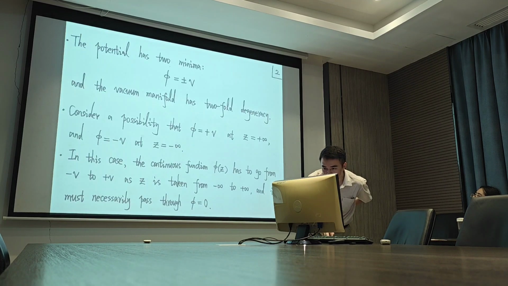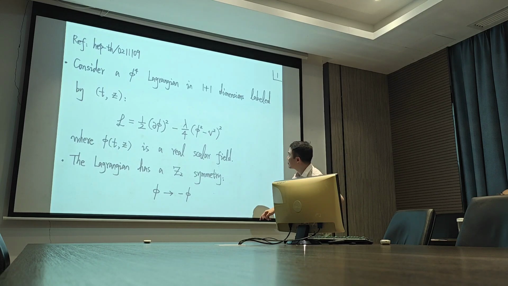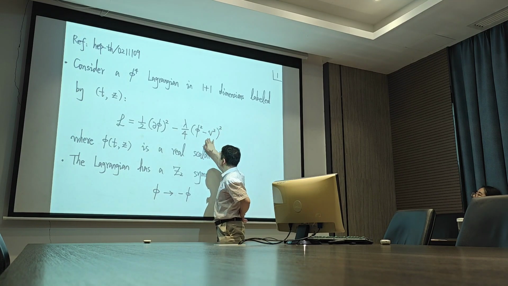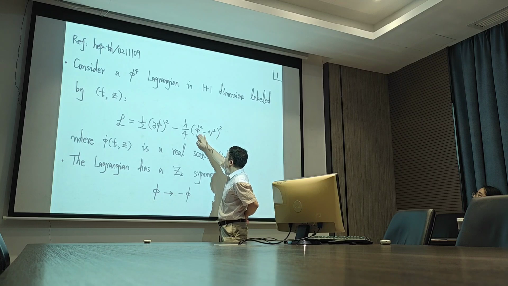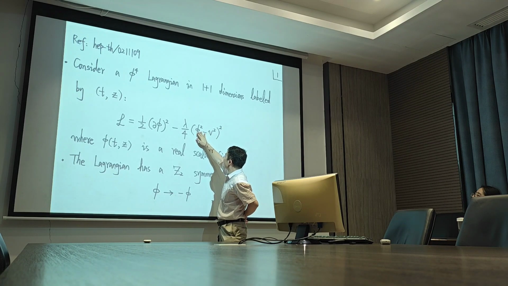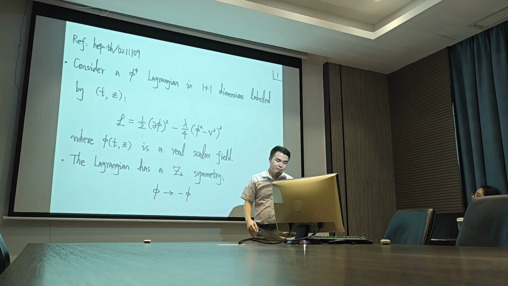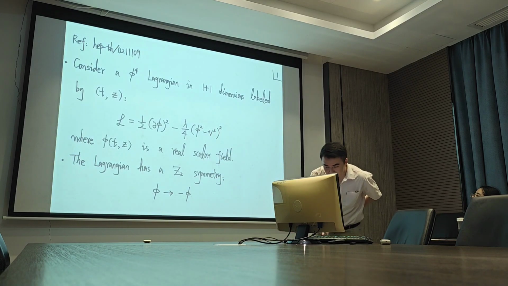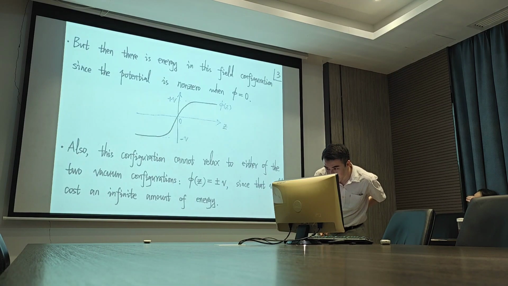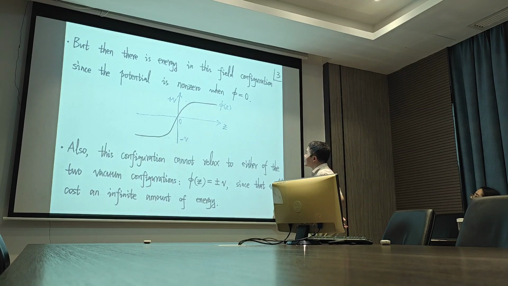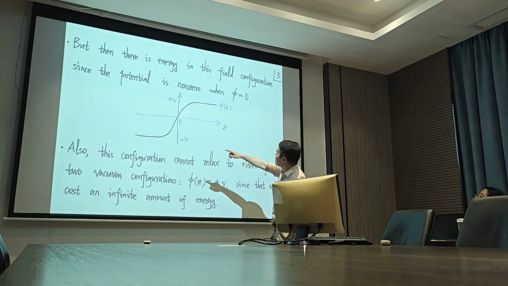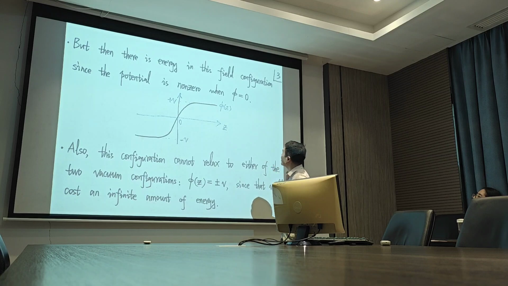Let us look at the form of the potential. This part is only equal to 0 when the absolute value of phi equals v. If phi is not equal to v, then it will not be 0. This picture is an example.